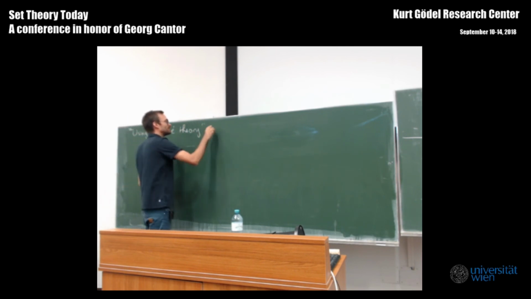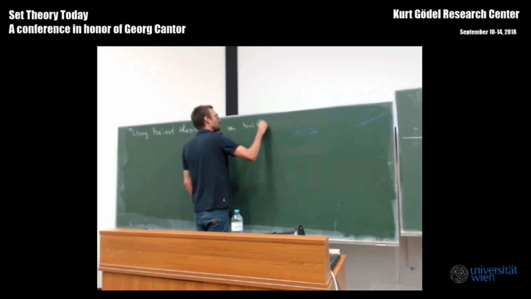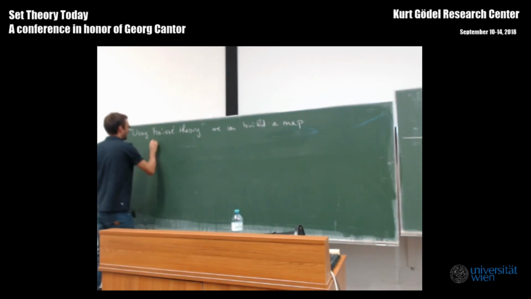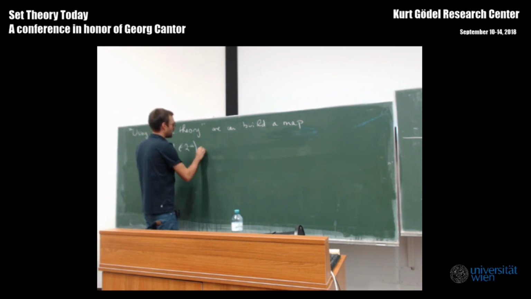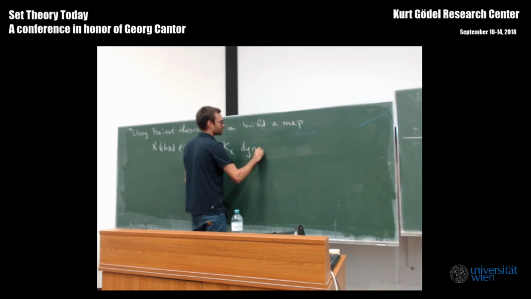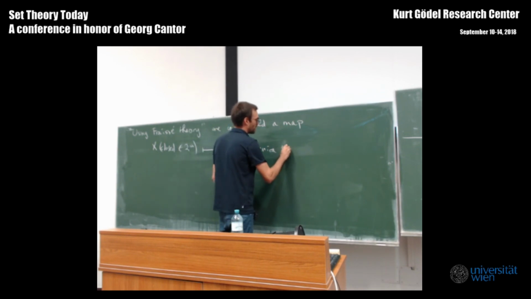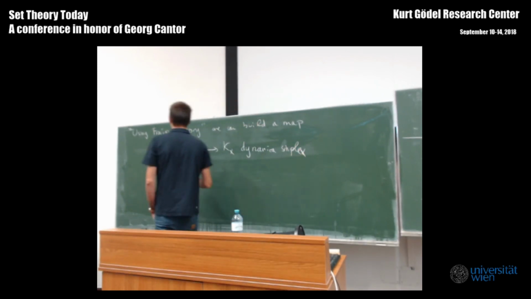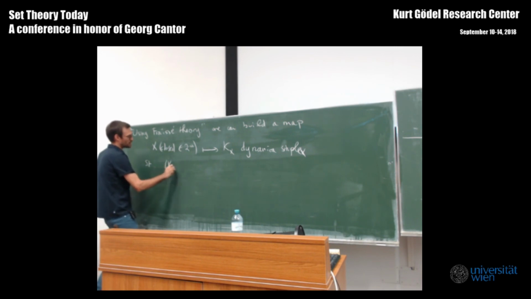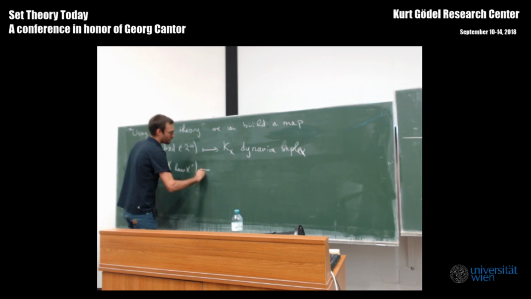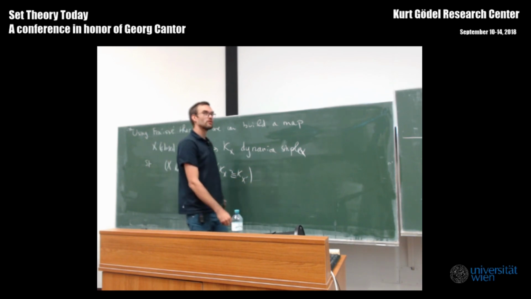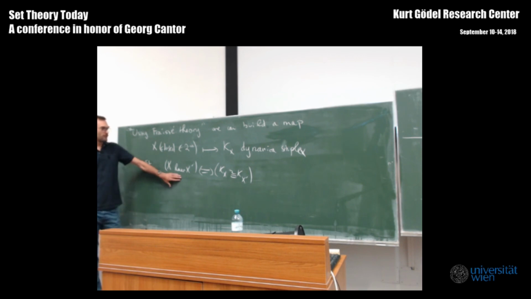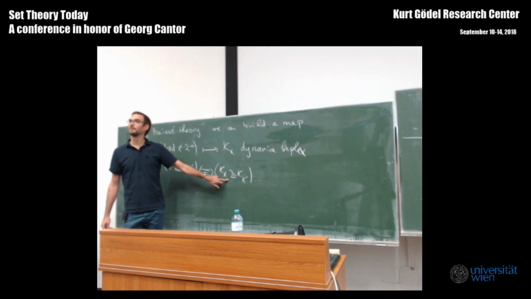So using Fraïssé theory, one can build a map that takes x, x closed inside 2 to the power omega, and assigns to it a dynamical simplex kx, such that x is homeomorphic to x prime if and only if kx is isomorphic to kx prime, meaning there is a homeomorphism of the ambient Cantor space that pushes one to the other, which looks very much like a reduction of homeomorphism of closed subsets of the Cantor space to isomorphism of dynamical simplices.